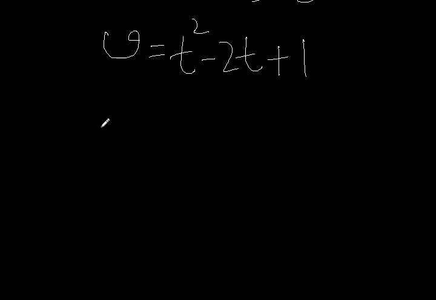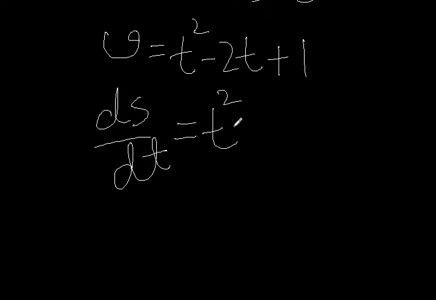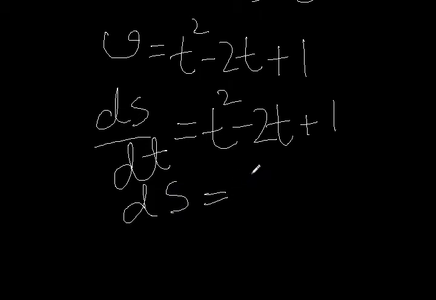As we know, velocity is nothing but ds by dt, so I can write ds by dt is equal to t square minus 2t plus 1. If I want to find displacement from here, then I do the operation which in calculus I call integration.